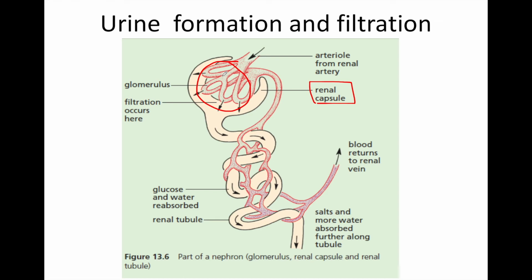So in normal cases, large proteins can't get out of the glomerulus. Red blood cells can't get out of the glomerulus. So we call this the renal capsule. The renal capsule is a sac that holds or collects the filtrated fluid that comes from the renal artery.